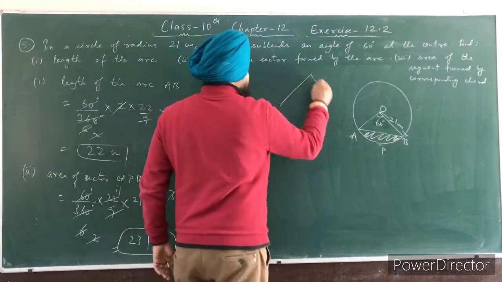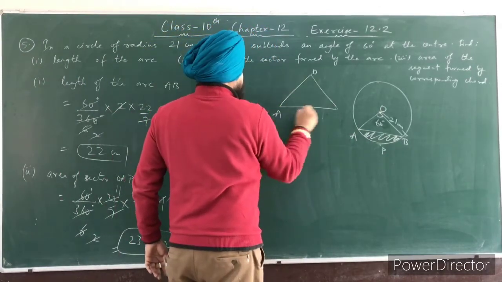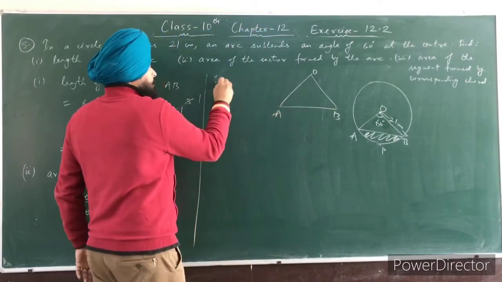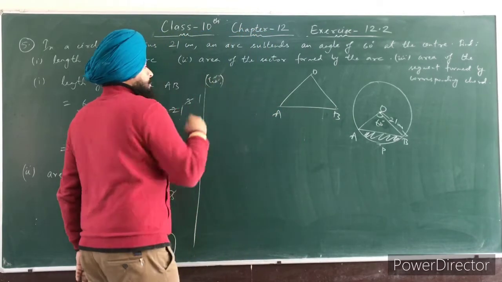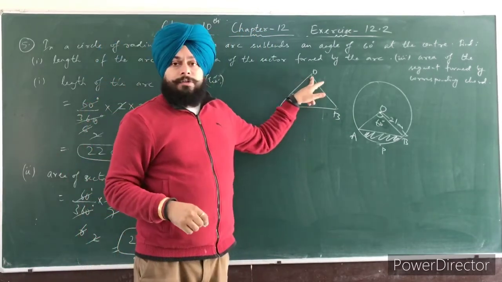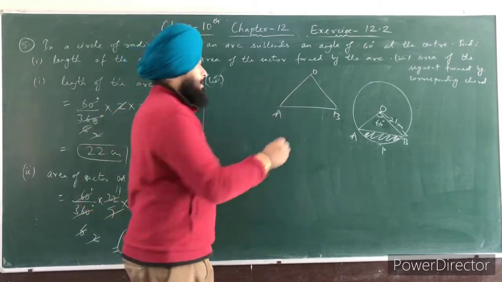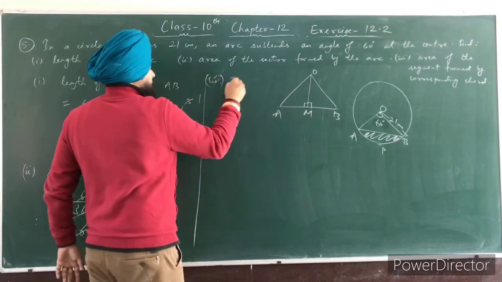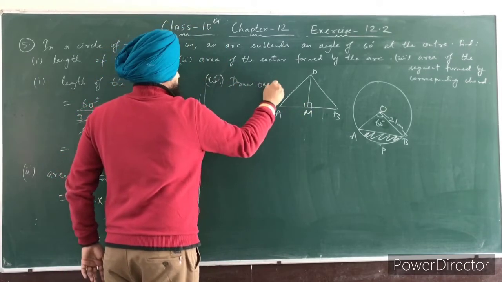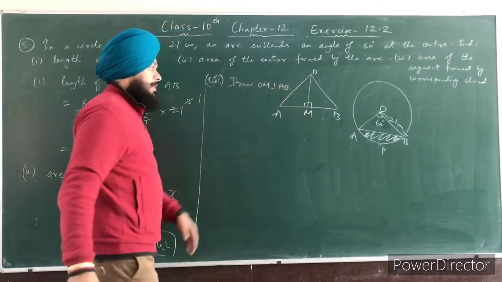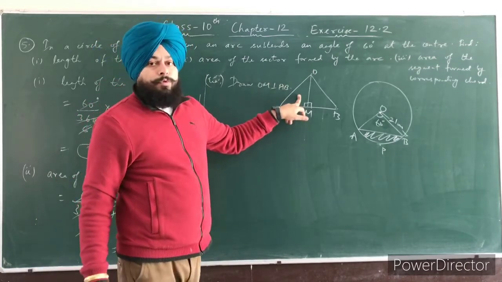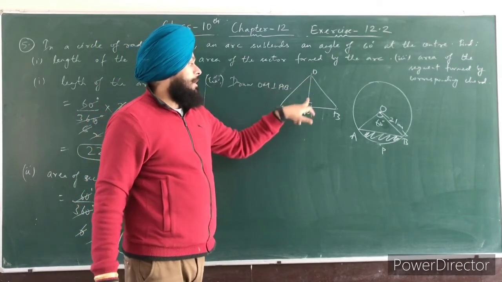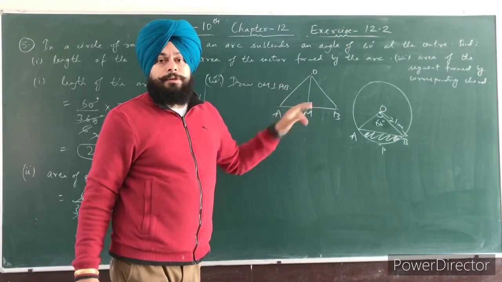So first draw a triangle OAB. First let's take a construction: draw OM perpendicular to AB. Then again you have to prove this two triangle OMA and triangle OMB congruent.